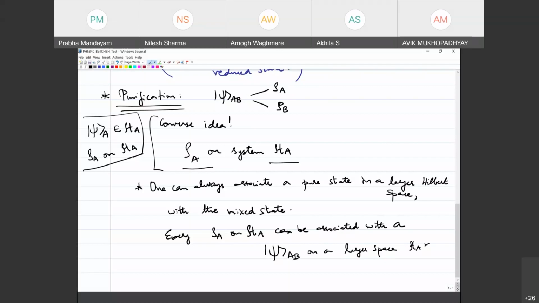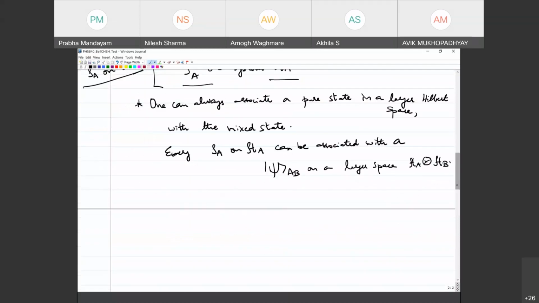HA tensor HB. Okay, and this is something which is very useful. The origin of this statement, like most statements in quantum information theory, has to do with a fundamental mathematical mapping. It's what is in mathematical terms called an isomorphism, between operators on HA and states on HA tensor HB.